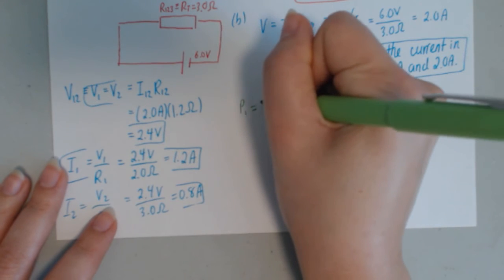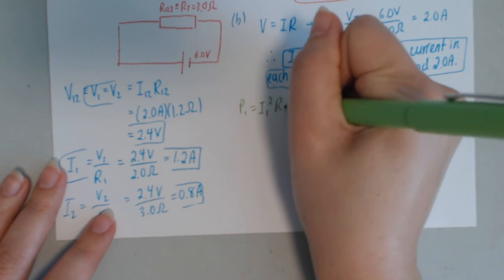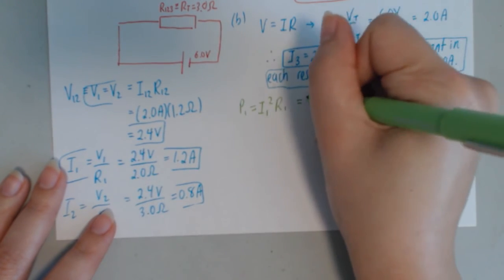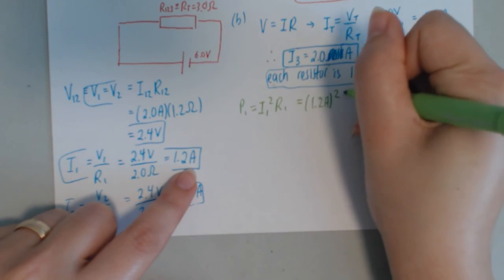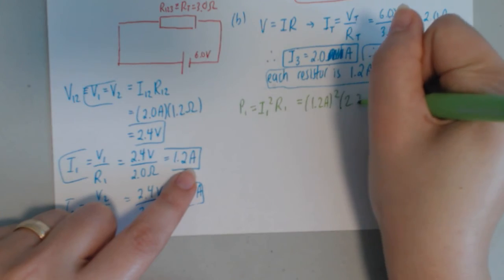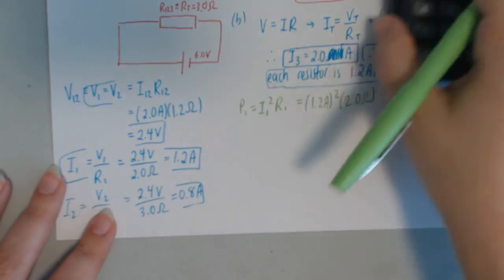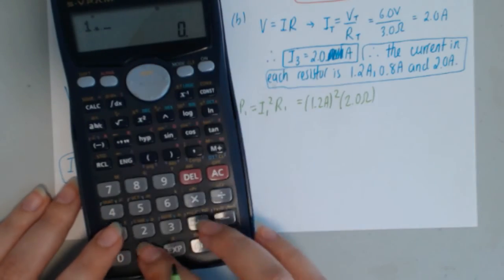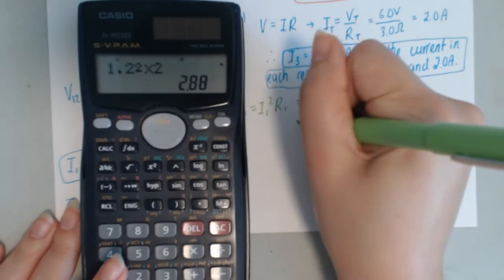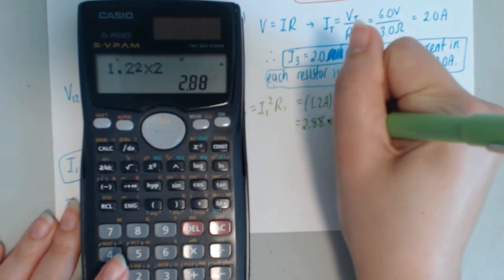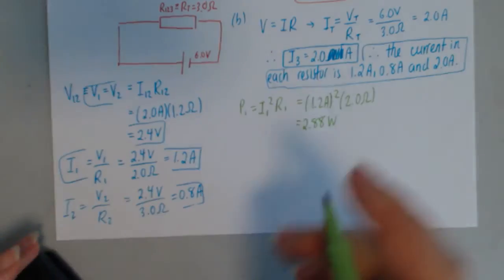Okay, so P1 is equal to I1 squared times R1. So I1 is 1.2 amps. It's 1.2 squared times R1, which is 2 ohms. So 1.2 squared times 2, that's 2.88 watts.